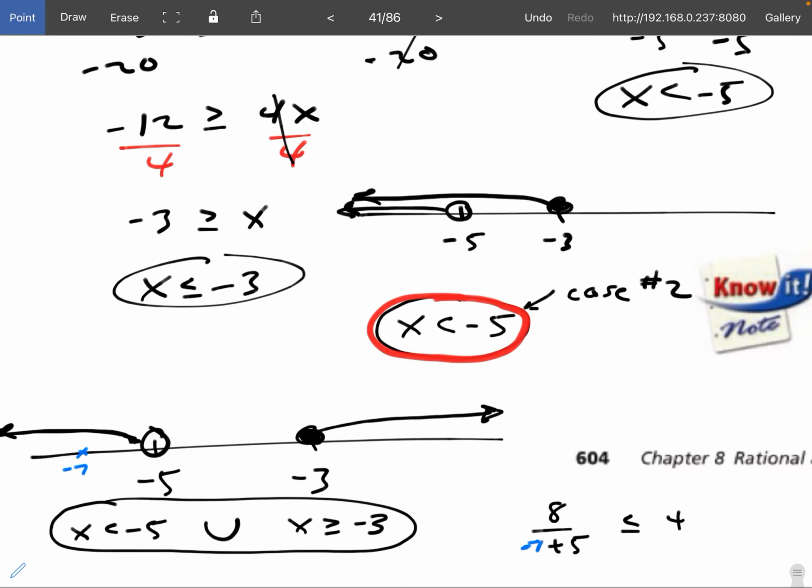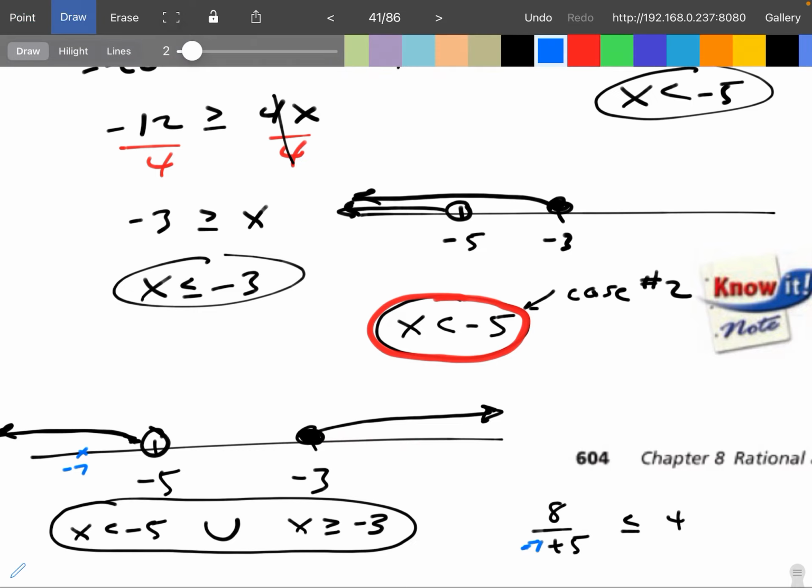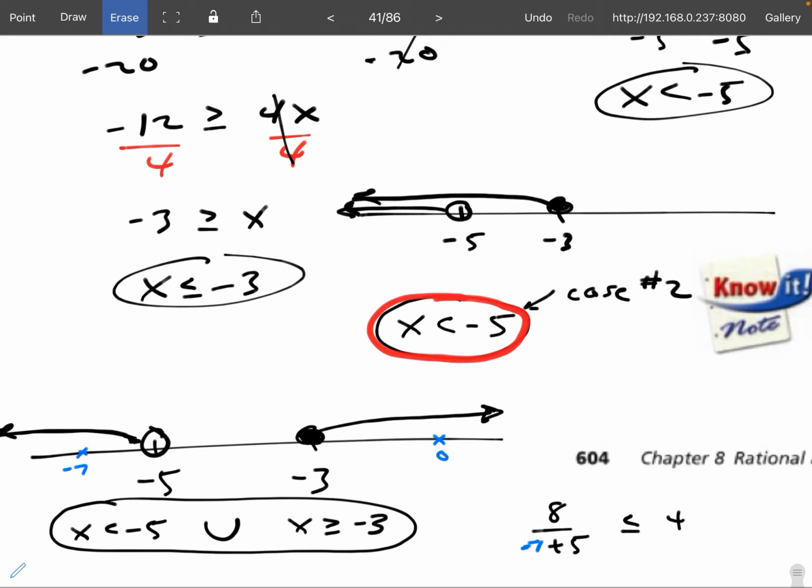any point over here to the right of negative 3 would be a solution, including negative 3 because I've got the solid dot there. So give me a number over here somewhere. Negative 2 would work. What would be a really easy one to the right of negative 3? What's the easiest number to plug in? 0. Yeah, 0 would work. So let's test 0. So 0 would be about right here.